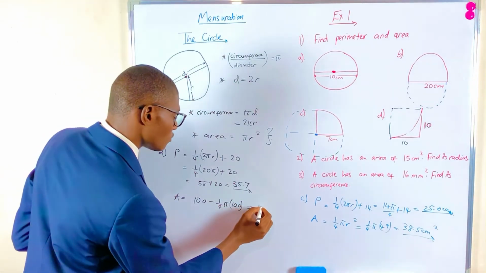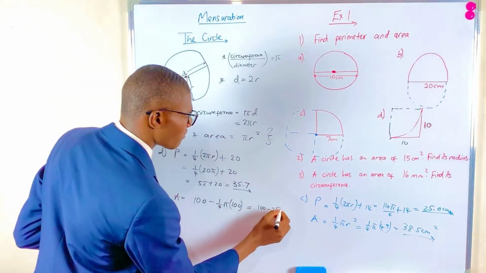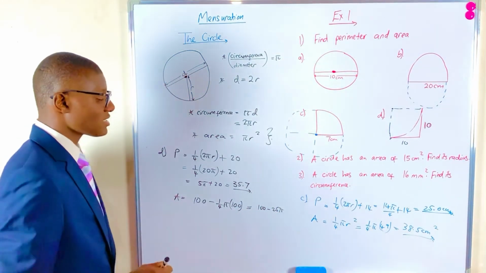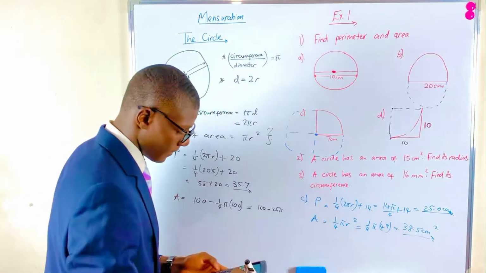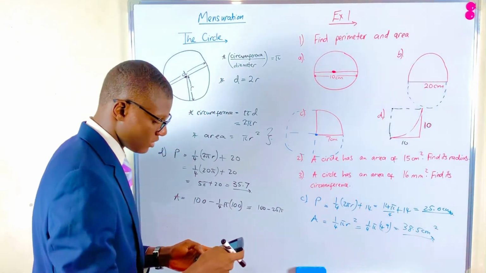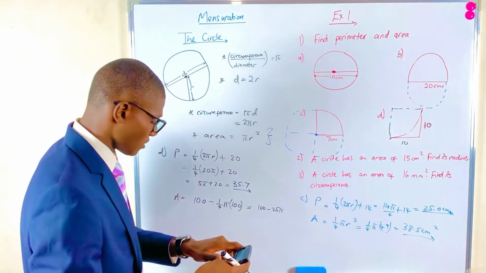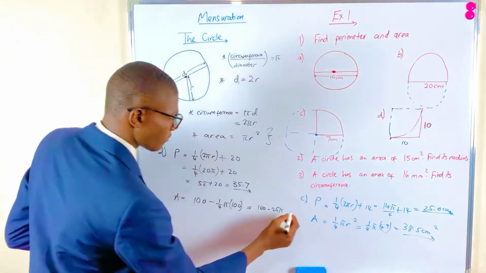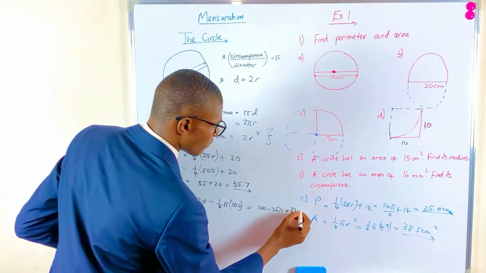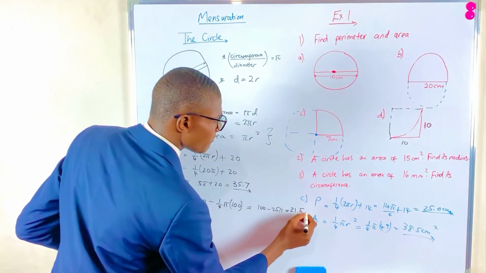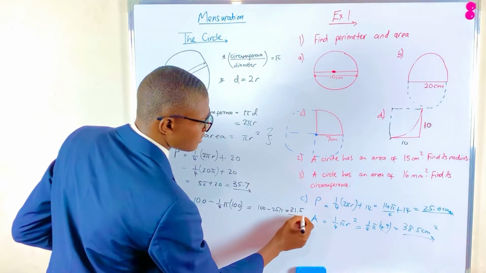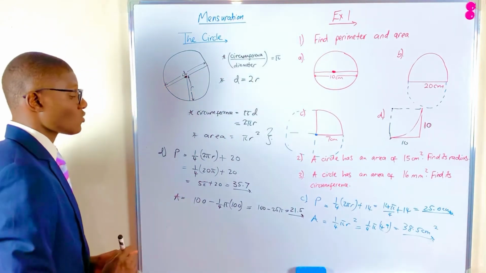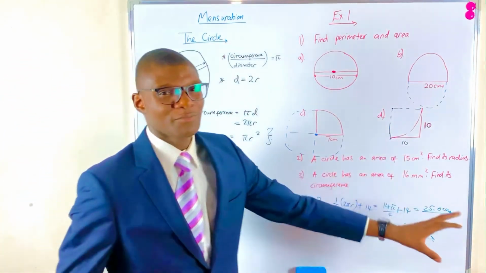This would be equal to 100 minus 25 pi. So if you punch this in the calculator, 100 minus 25 pi, we get a result of 21.5. So this would be equal to 21.5 square units, right? So that's the area for this shape.